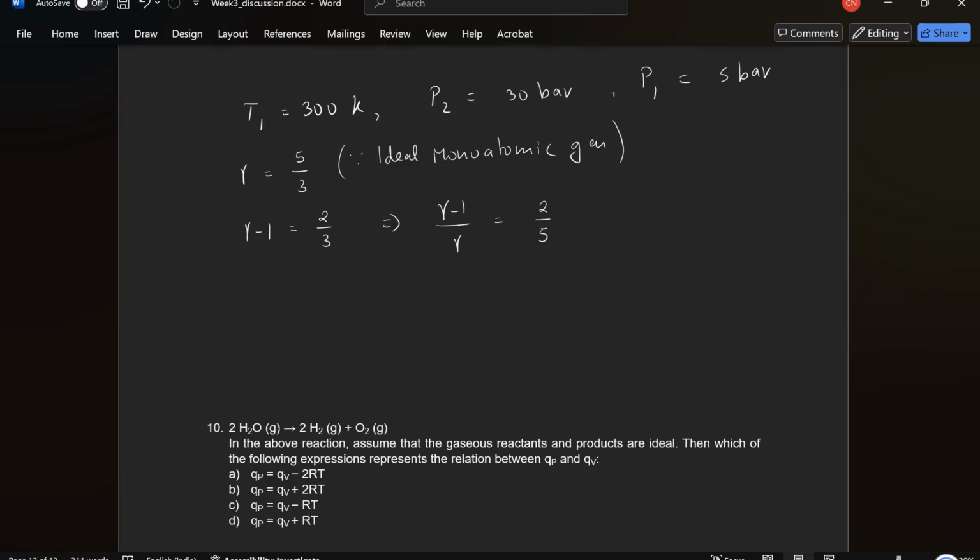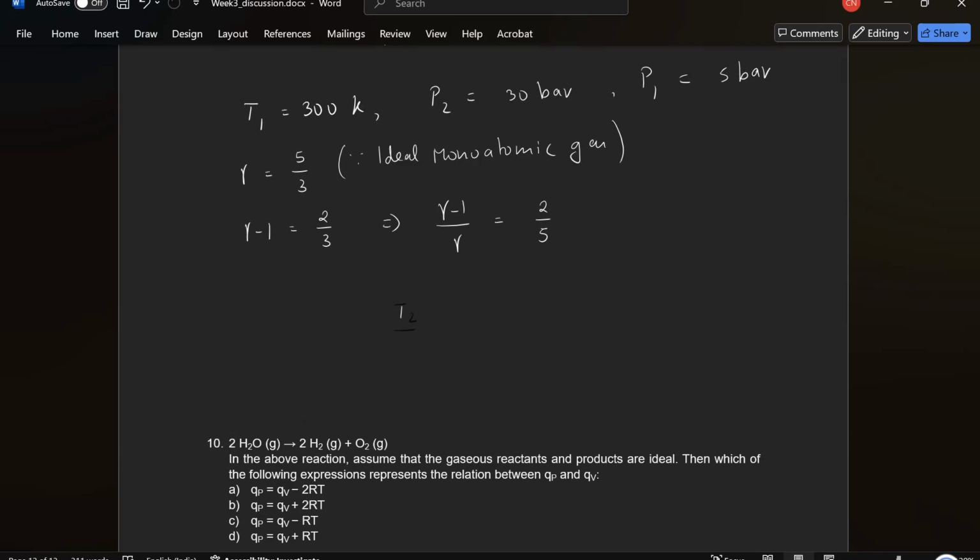So basically we have T2 by T1 equal to P2 by P1 raised to the power 2 by 5.